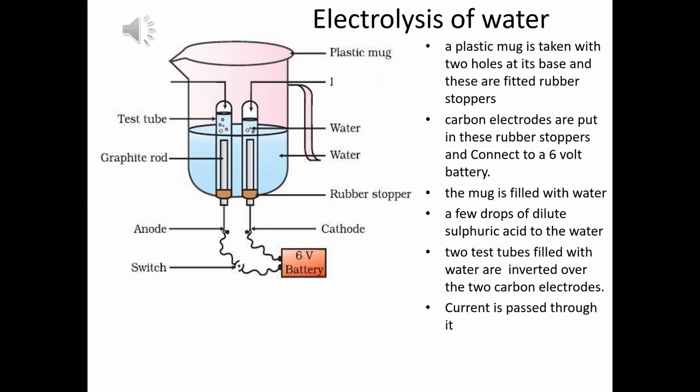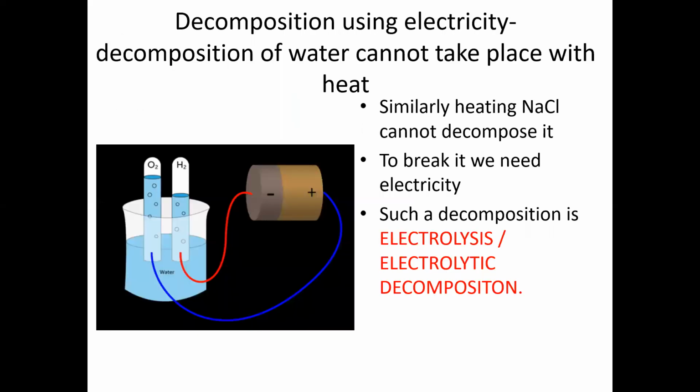If you see the ratio in which H2 and O2 are collected, H2 is double. Why? Because this question is asked: if one molecule of H2O breaks, I get 2H. So that is why H2 and O2 are in the ratio 2:1.